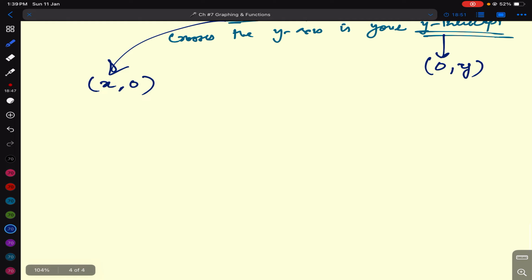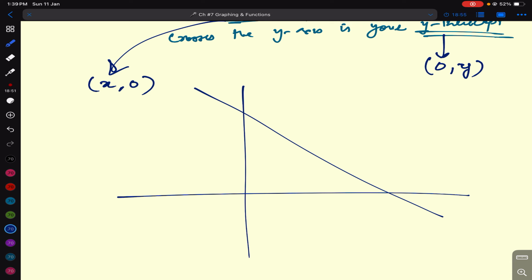Now coming to the representation of the same on the coordinate plane. Let's say this is the graph of a random linear equation. I'm not referring to the one given in the problem; this is a concept that I'm explaining.